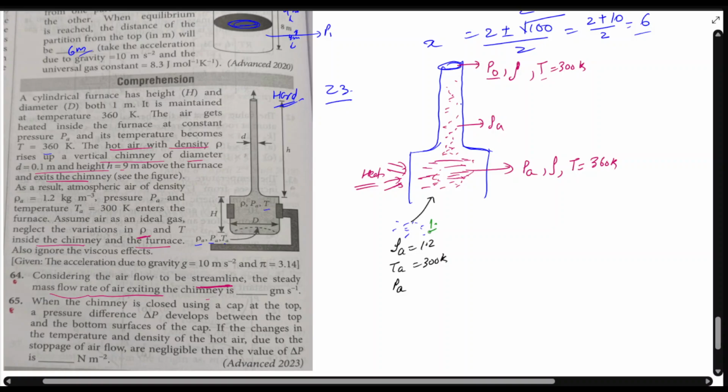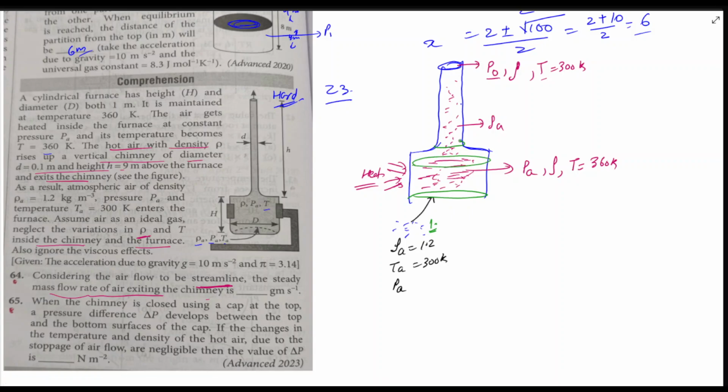So this is our first region, second, third, fourth, and this is fifth.